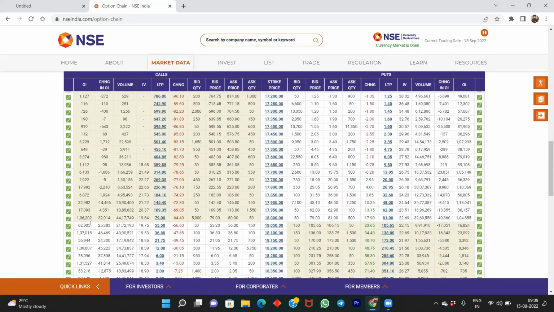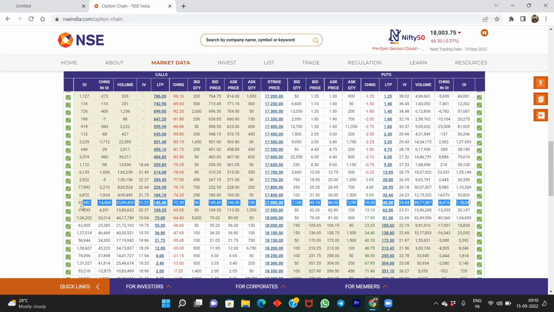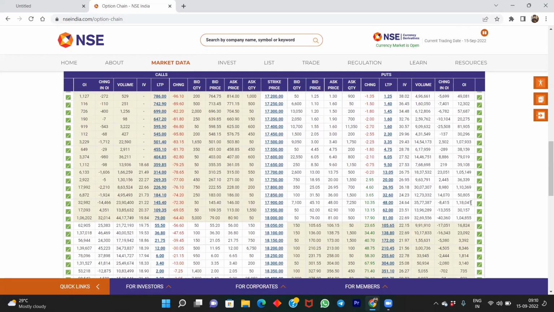You can see the 18,000 strike price has 1,06,202, and at 17,900 you have seen 1,81,041. I marked for you here the open interest at the put side, that is call for us, 1,81,041, and here the strike price is higher, 18,000.